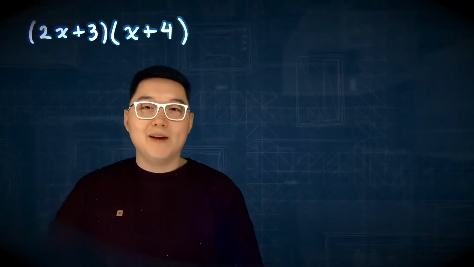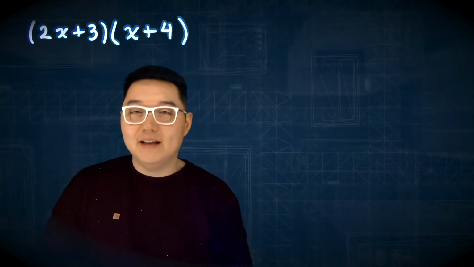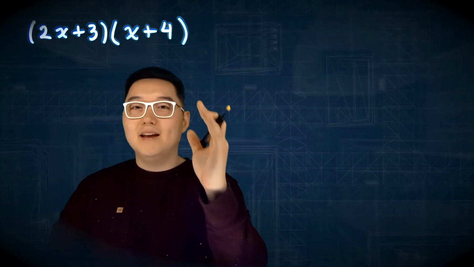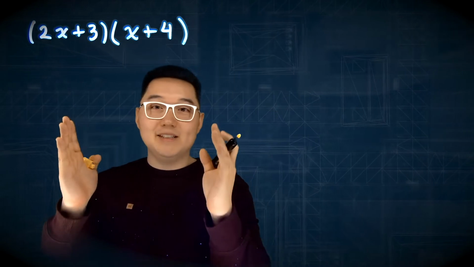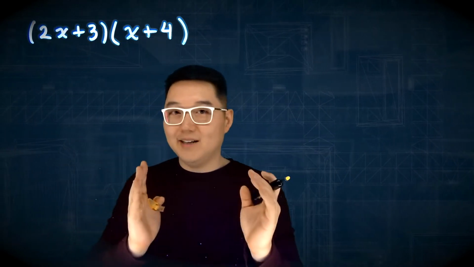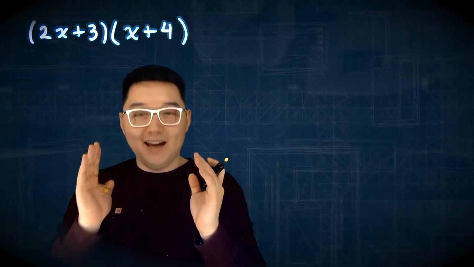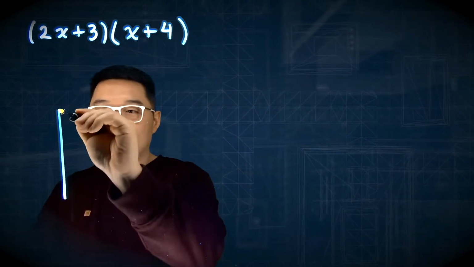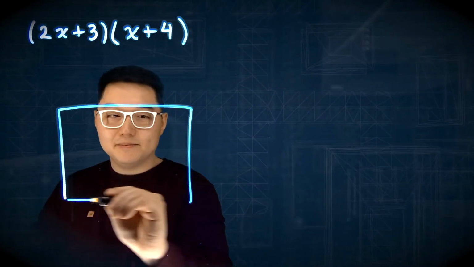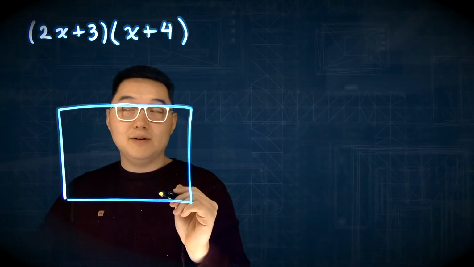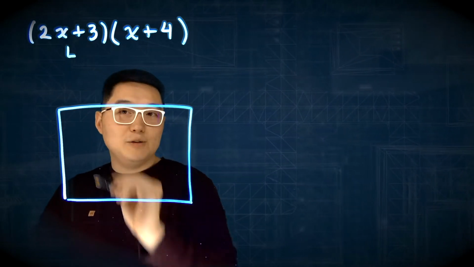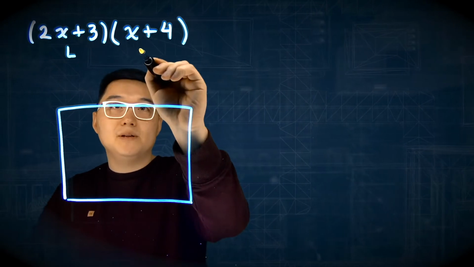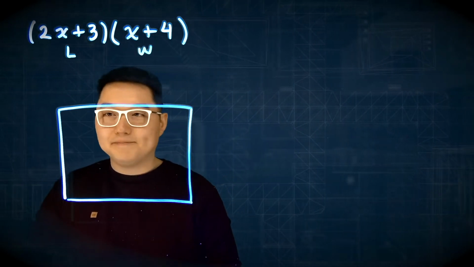Okay, so here's another example of multiplying two polynomials. Now this is written as area as a product. So we want to find the area as a sum. So let's go ahead and draw another generic rectangle. We have a rectangle with the length of 2x plus 3 times the width of x plus 4.